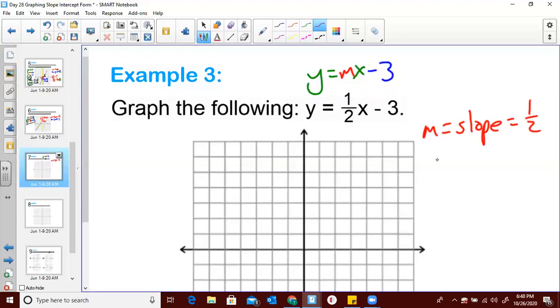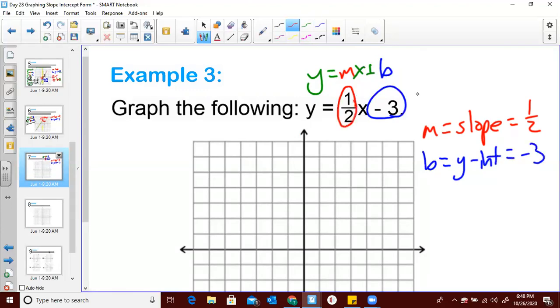We know that our b, our y-intercept, is going to be a -3.